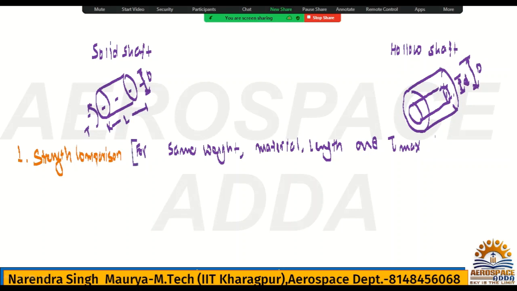For this condition we are going to compare the strength of the solid shaft and the hollow shaft.